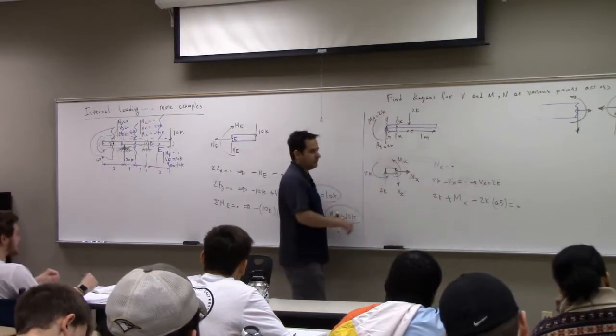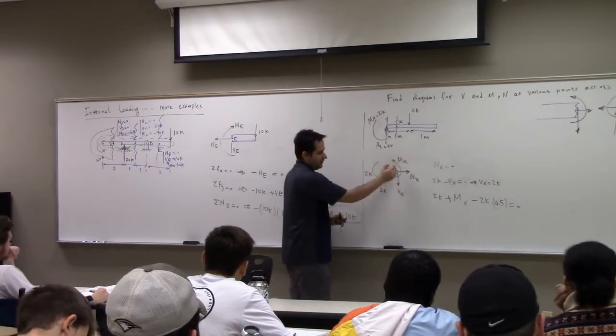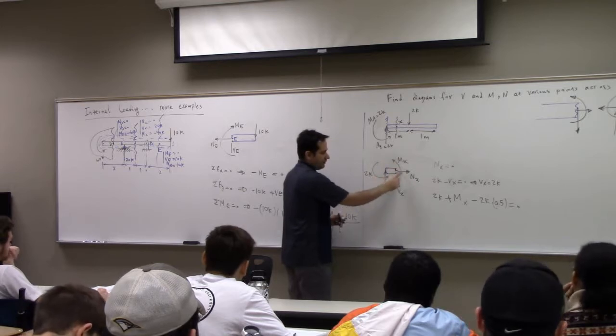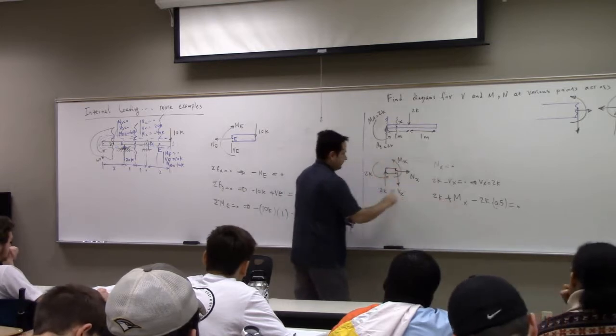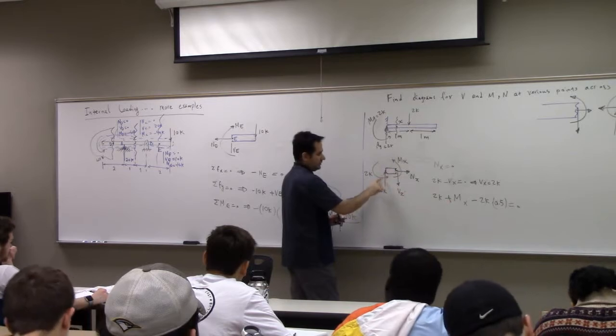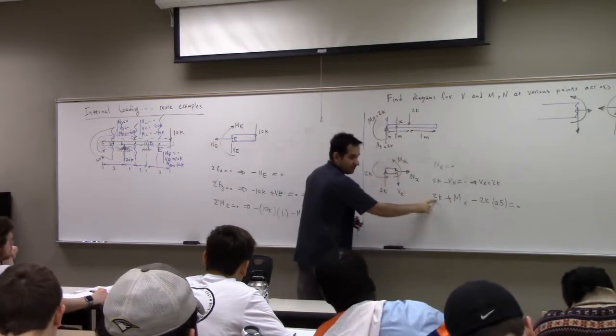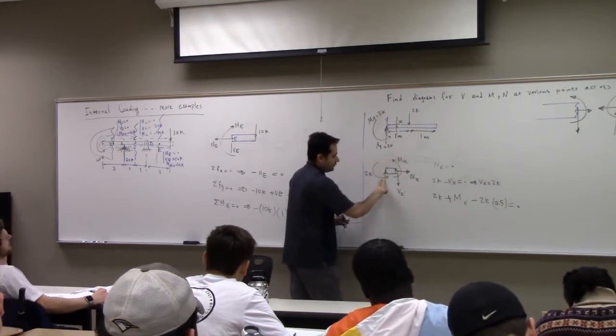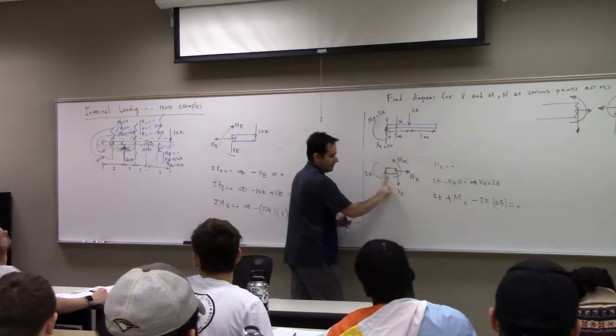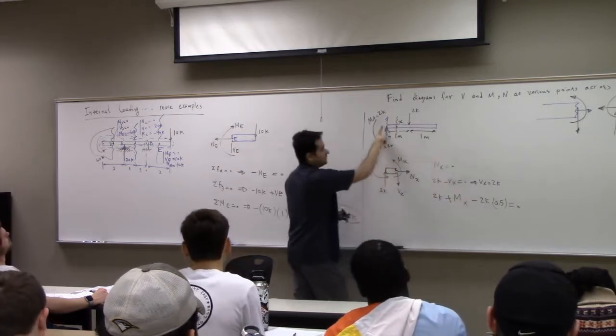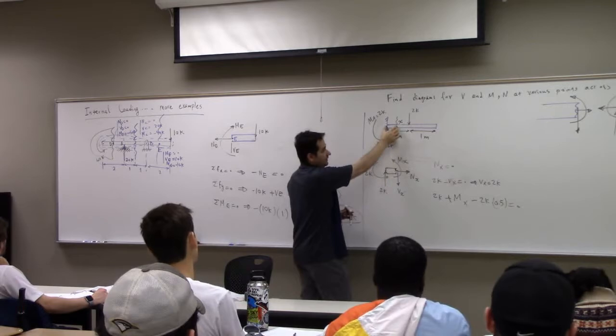And then finally, write the moment equation about point X. You already get MX, and nothing from these two here. Then you get two contributions. One is 2K here, and then negative 2K times this distance, which comes from this shear load here. You see that? And what is this distance?